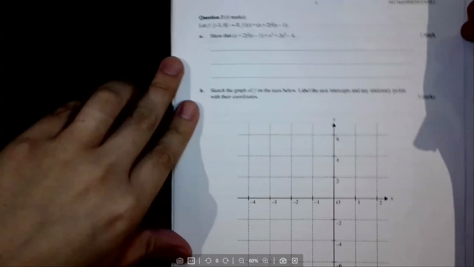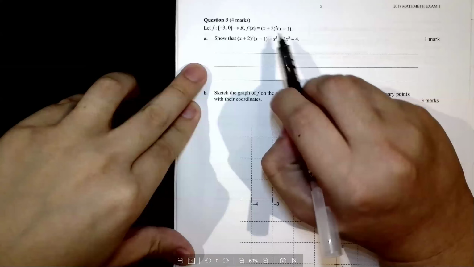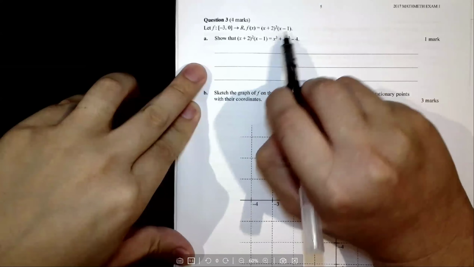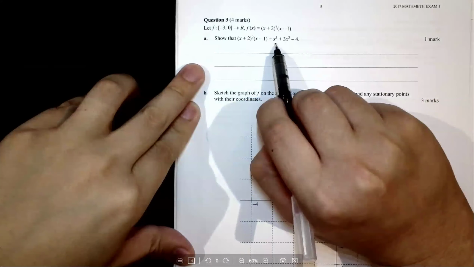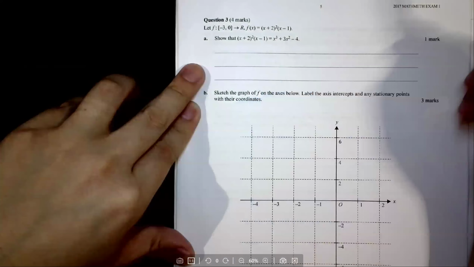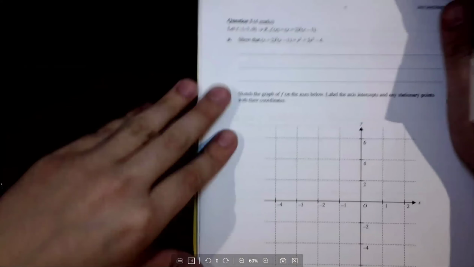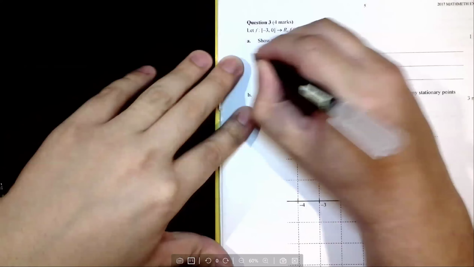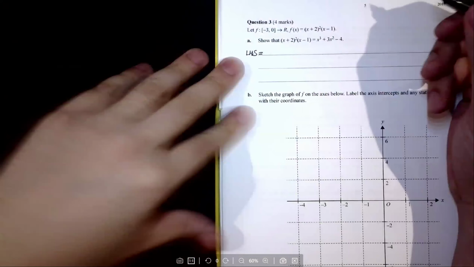Okay, question 3. F of x has a restricted domain, and it's a factorized cubic function. So we want to show that x plus 2 squared times x minus 1 is x cubed plus 3x squared minus 4. Well, you could actually, for example, go from your left-hand side to the right-hand side, which is like a verify approach.